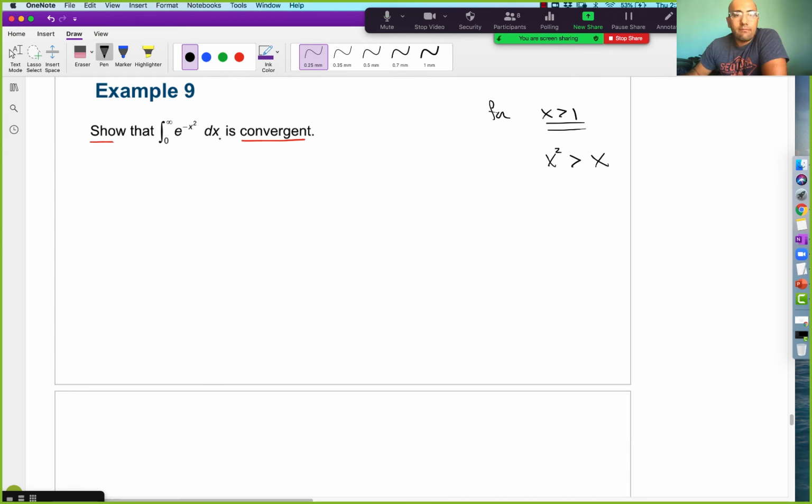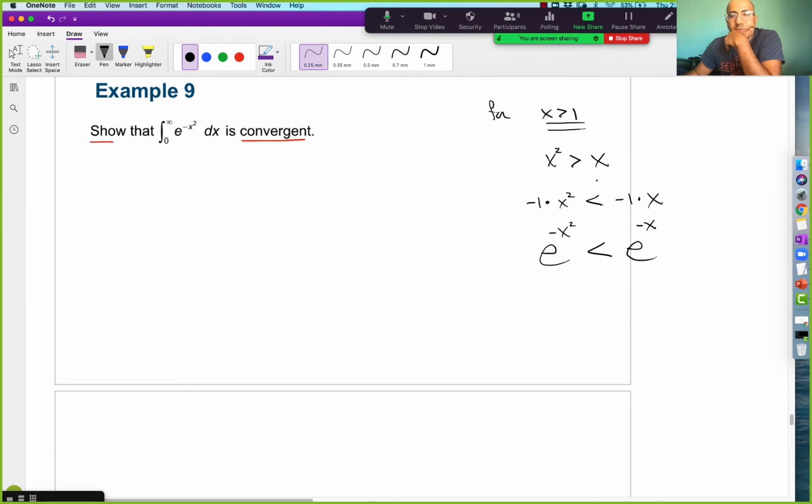And now if we multiply both sides by this minus sign, then that means that minus 1 times x squared is always going to be less than minus 1 times x. And that's what that guy is. So now e to the minus x squared is always less than e to the minus x.